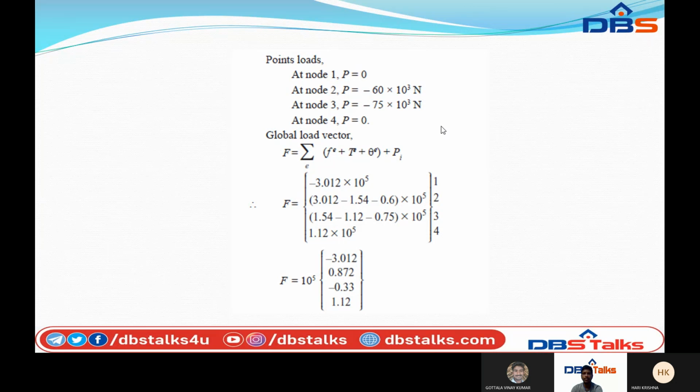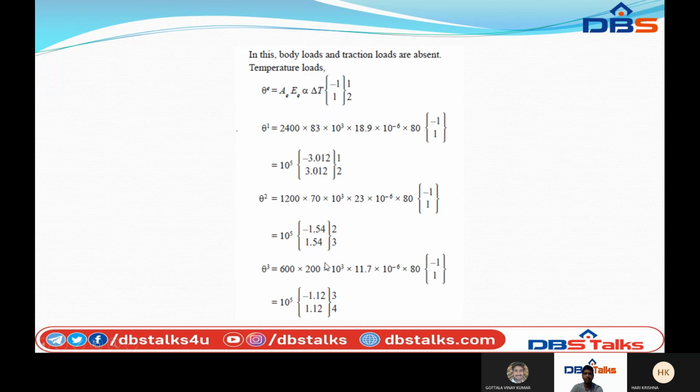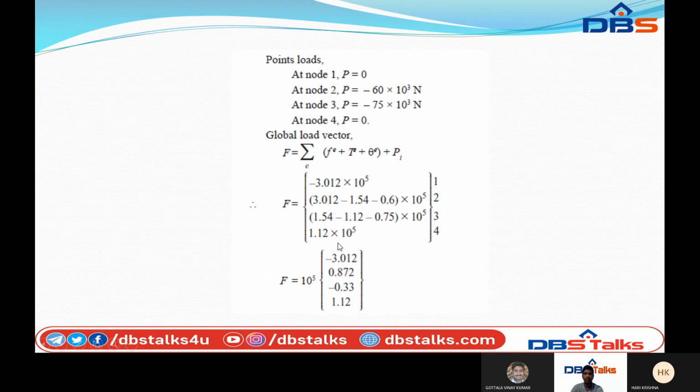Then at node 3, 1.54 minus 1.12 minus 0.75.